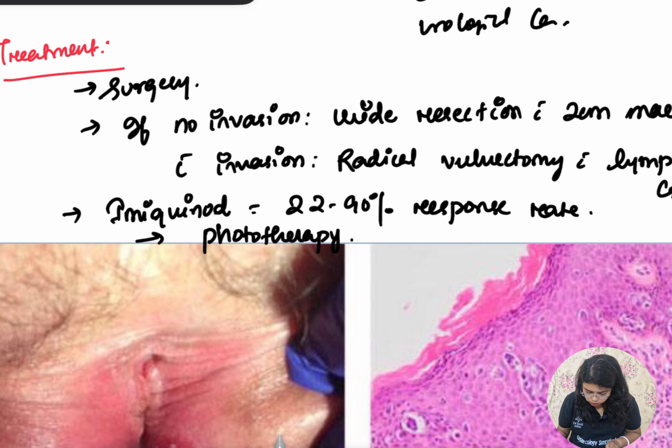Phototherapy can be given, as well as radiotherapy.